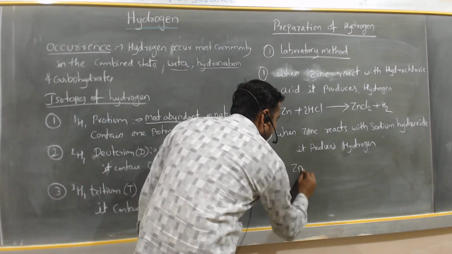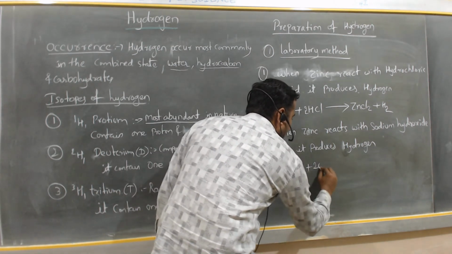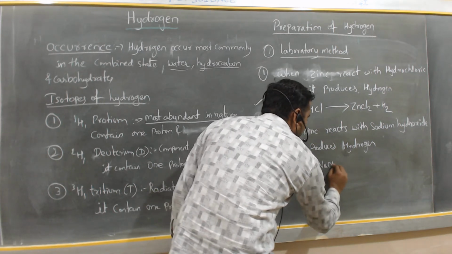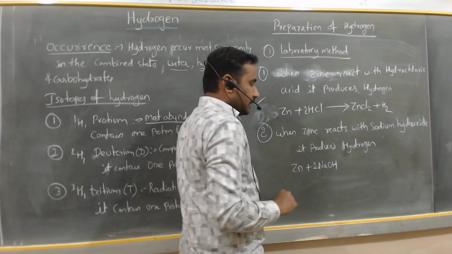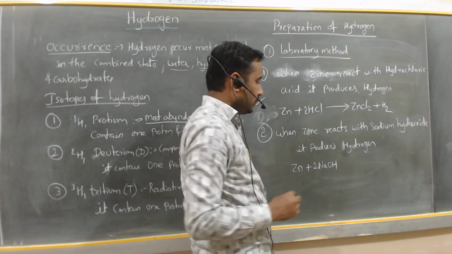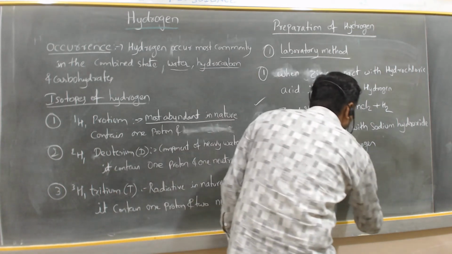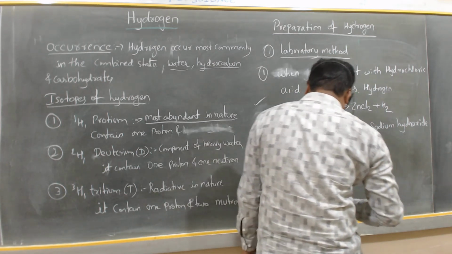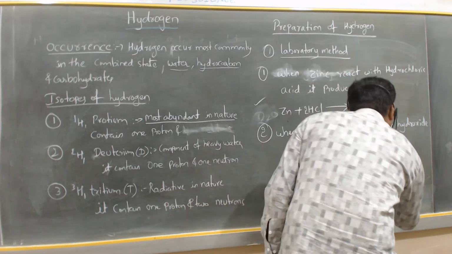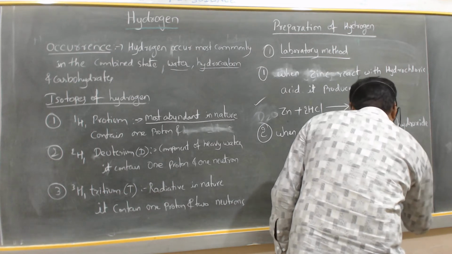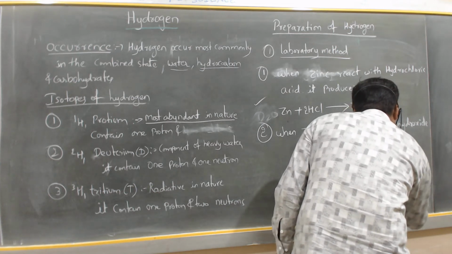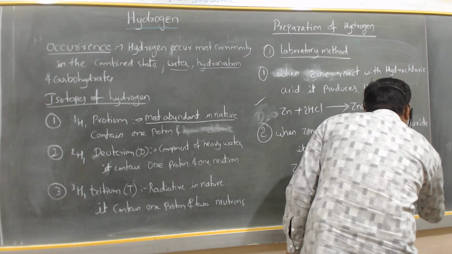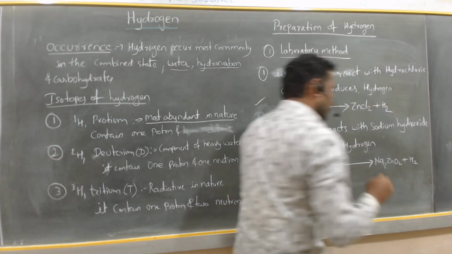The reaction is Zn plus 2NaOH. When zinc reacts with sodium hydroxide, it forms sodium zincate plus H2.